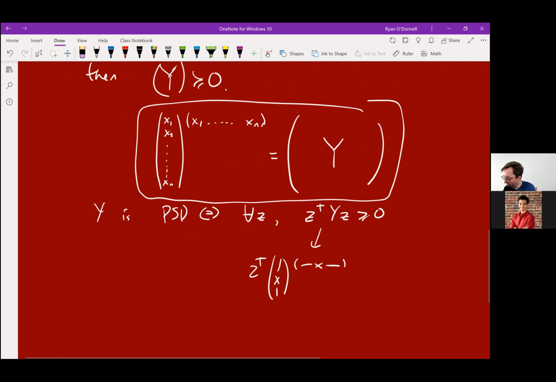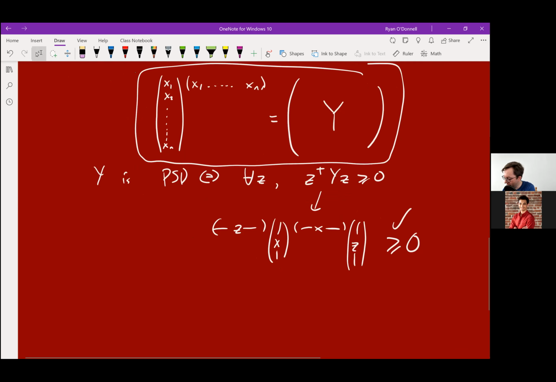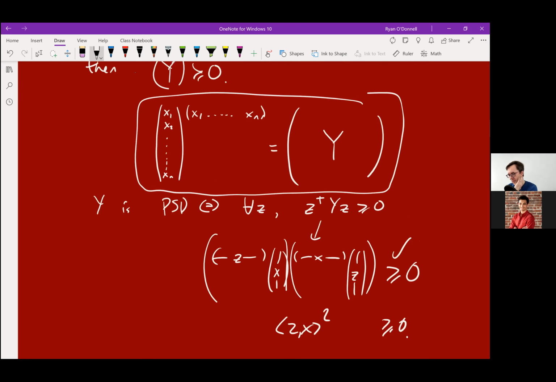So maybe I'll draw z as a column vector, and then this would be z transpose. And this is indeed greater than or equal to 0 as a number, because it's the inner product between z and X, squared. That's the simplest way to see it. Yeah, that makes sense. So that's one direction.